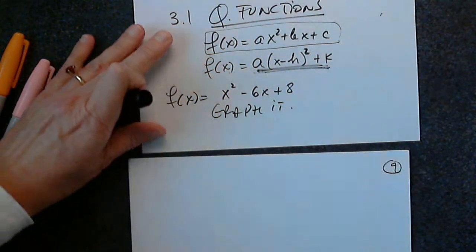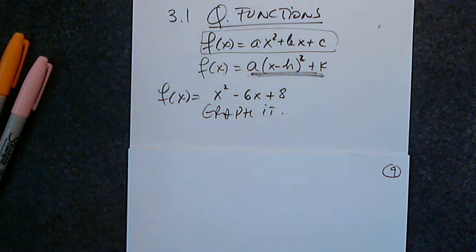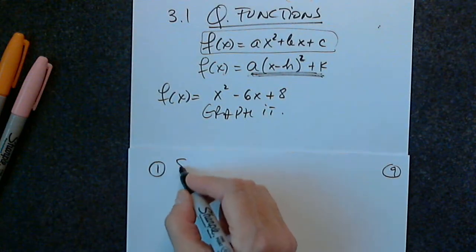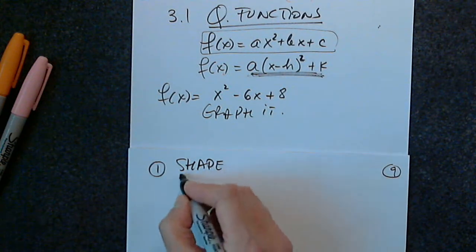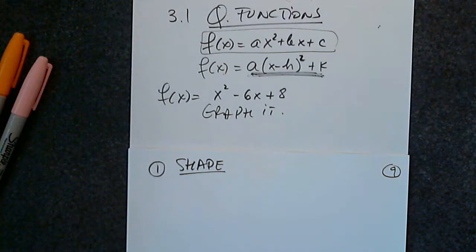Ready? In order to graph a quadratic function, our first step will be the shape. What does that mean? We already know from transformations it looks like this. Or it looks like this. So if it opens up, the leading coefficient must be positive.